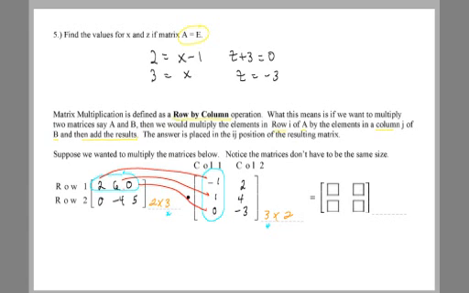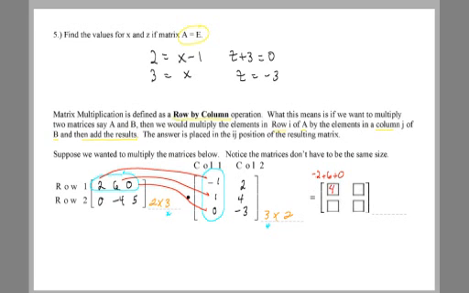Those three products are negative 2, 6, and 0. Then I take those 3 results and add them together. Negative 2 plus 6 plus 0 is 4.